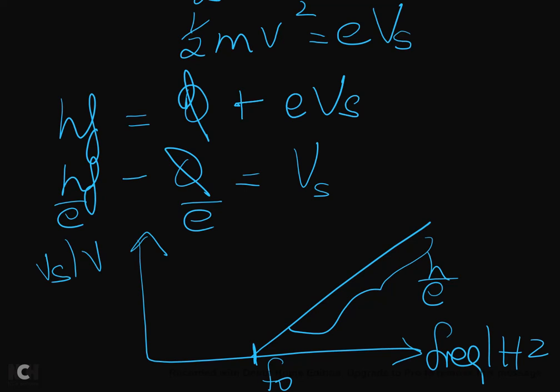Because the electromagnetic radiation incident must exceed a certain threshold value in order for emission to occur. The second thing is, as soon as the electromagnetic radiation is incident on the surface, you have the emission of electrons. But according to the classical wave theory, there would be some time delay before those electrons can absorb the energy from the photons before emission occurs.